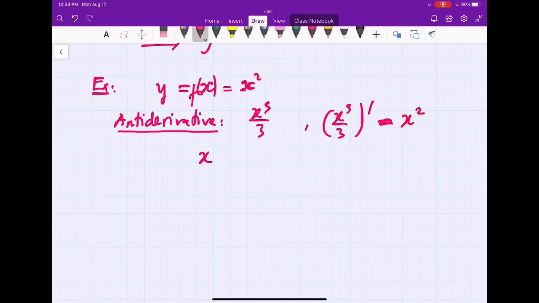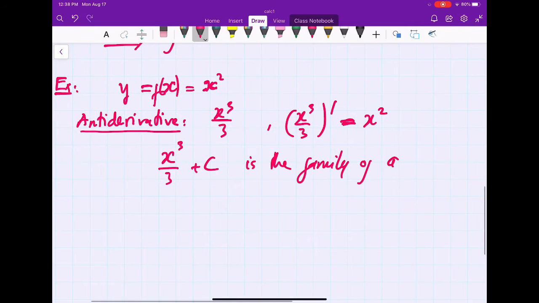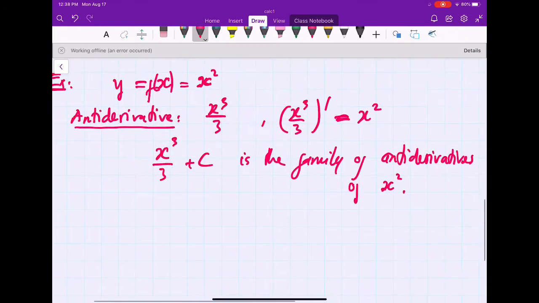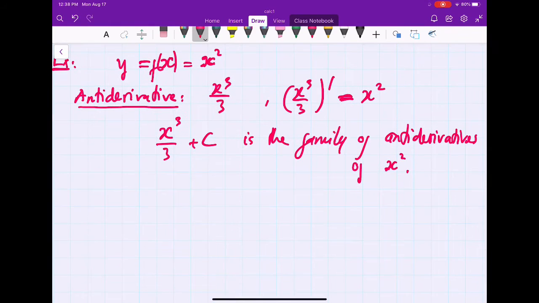So from the previous observation, x cubed over 3 plus c is the family of antiderivatives of x squared. All right, now let's see what the difference is, right? How to graph them. Let's graph them here.